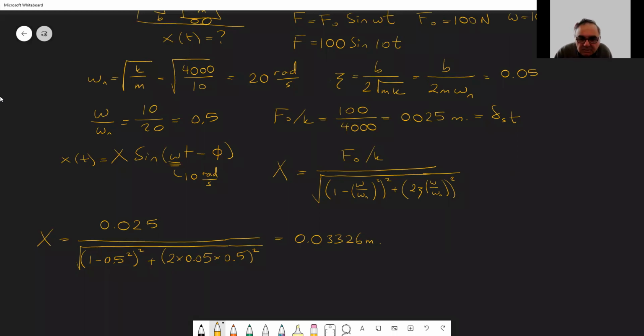Amplitude of vibration. The phase angle phi is equal to tangent inverse of 2 zeta omega over omega n divided by 1 minus omega over omega n squared.